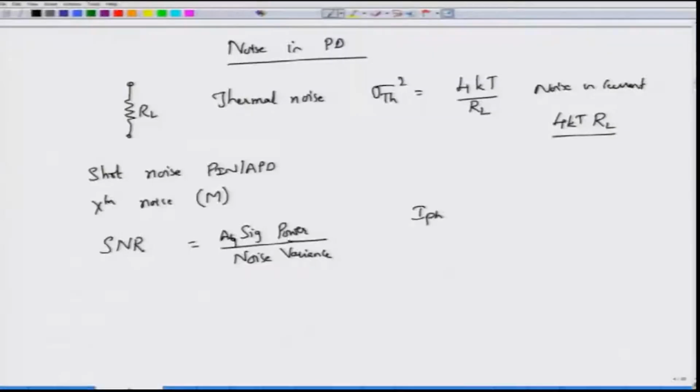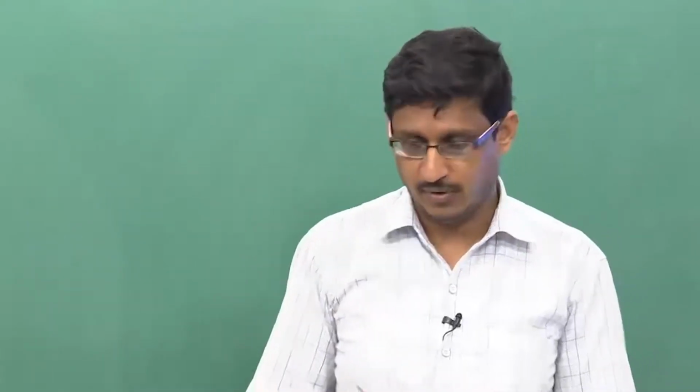If I have a photocurrent IPH, what would be the average power generated in a load resistor RL? Well, IPH squared into RL would be my average power, assuming that this IPH is the RMS value. So, RMS IPH squared times RL will give you the average signal power.